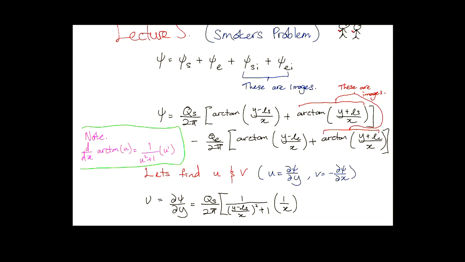So I'm going to differentiate all the other arctangent terms as well. If you think I'm going too fast, just ask me to slow down. So again I get 1 over (y plus ls over x) squared plus 1, times 1 over x.